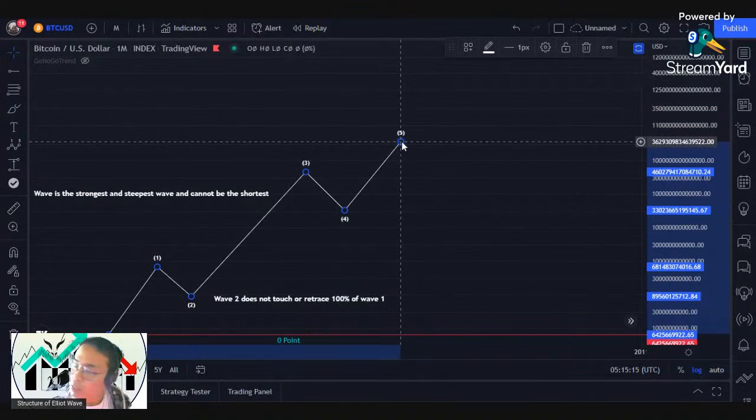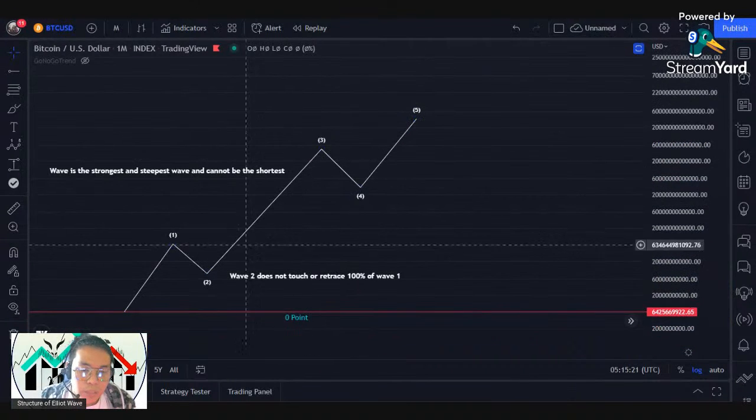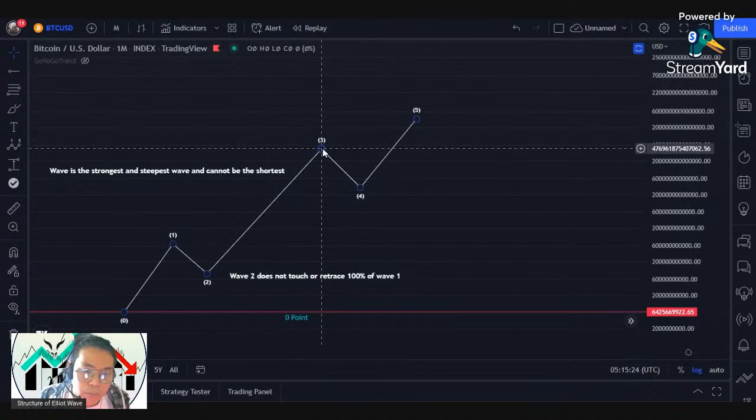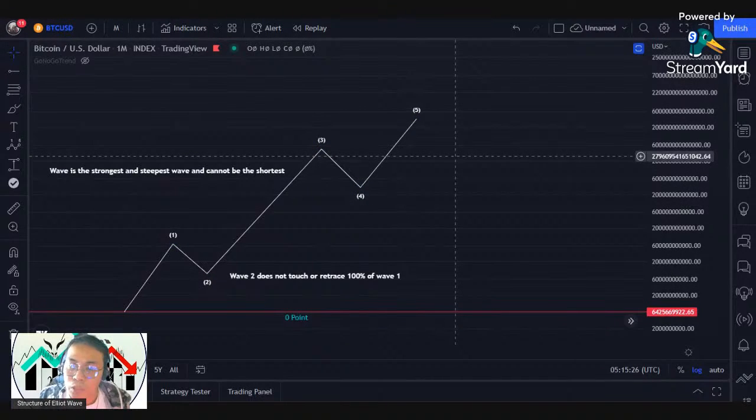But based on my experience in trading, wave 3 is always the strongest, steepest and longest wave among these impulses. Later we will discuss that.